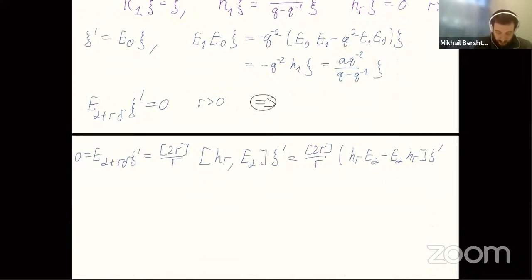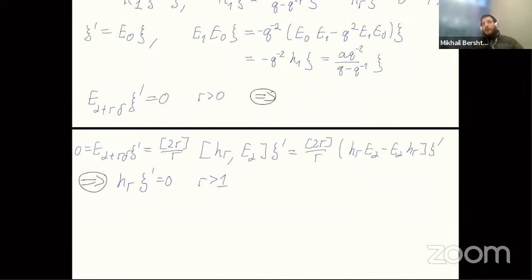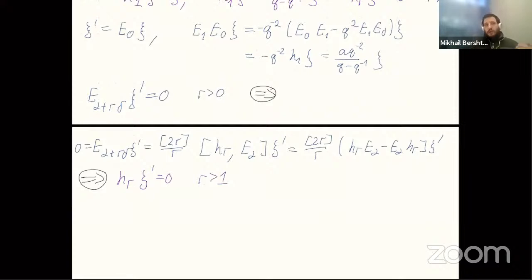So hence HR on psi prime equals 0 for R greater than 1. Arguing like this, it is easy to see or to guess that HR for R greater than 1 vanishes on the whole representation. So actually, this is a representation of just the B plus part of the quantum group, but this representation has a huge kernel.